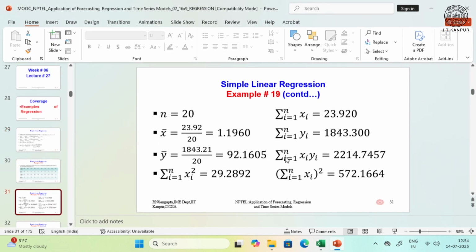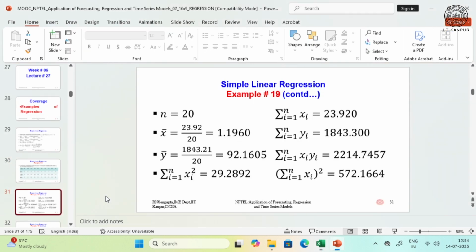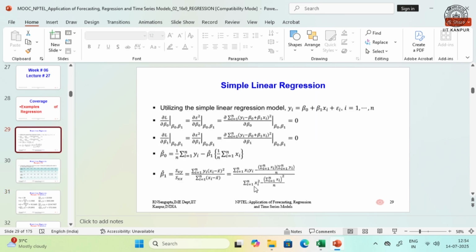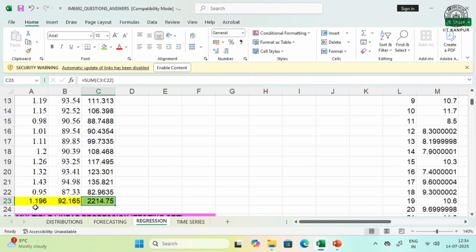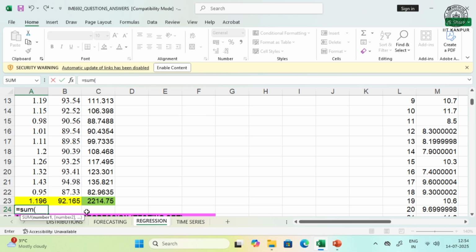The sum value is 2214.75, to 2 places of decimal. The next value needed is the summation of xi multiplied by the summation of yi. The summation of xi I can find using the green color, which is just the sum of x. That yellow one was the average.